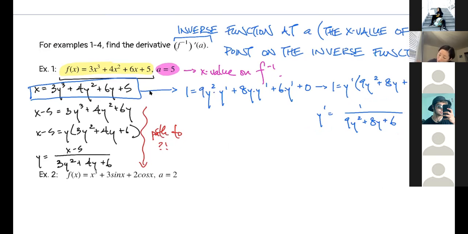Okay, and so let's be really clear here. We need to know the y value of which function? The f function or the inverse function?